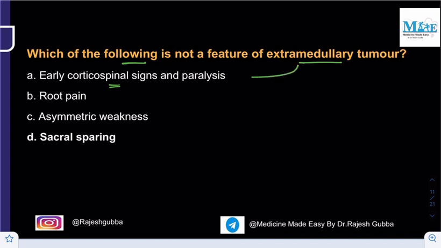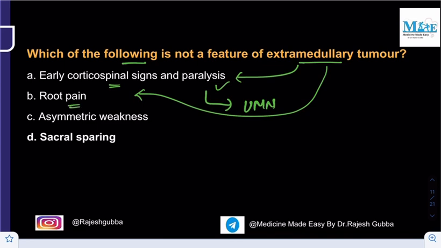So an extramedullary tumor can cause compression of the corticospinal tract, and there will be early corticospinal signs and paralysis, giving rise to upper motor neuron type of paralysis. It can also compress the nerve root, causing root pain, and it will also cause asymmetrical weakness. But remember, this extramedullary tumor will not cause sacral sparing.